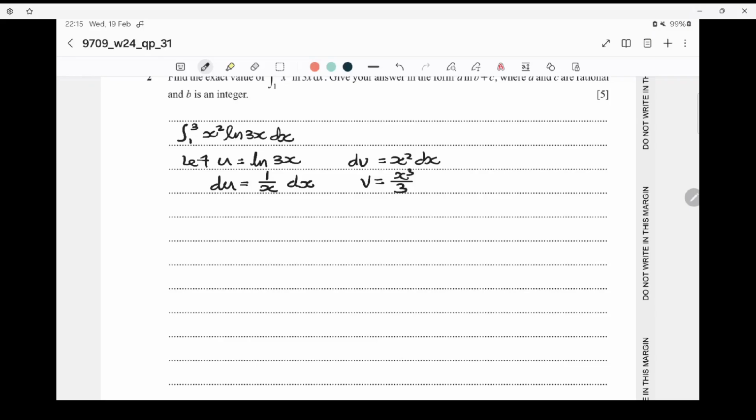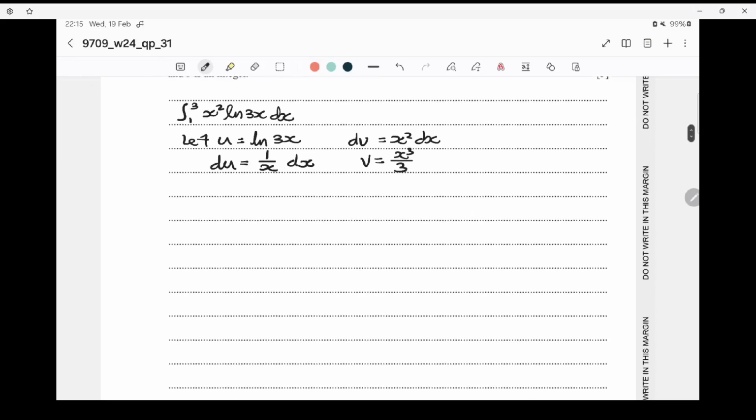So one differentiation, the other one integration. Now integrating from 1 to 3 x squared ln 3x dx will be equal to uv, so you have x cubed over 3 ln 3x.